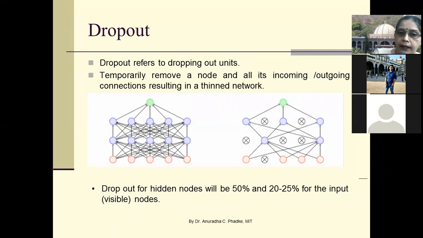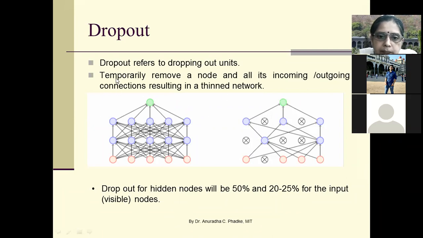For any particular training phase, the number of parameters will be reduced, because when we drop certain nodes, we won't be considering weight values incoming or outgoing from those nodes. So your total number of parameters will be reduced, and it will help avoid overfitting. This is the basic concept behind dropout.